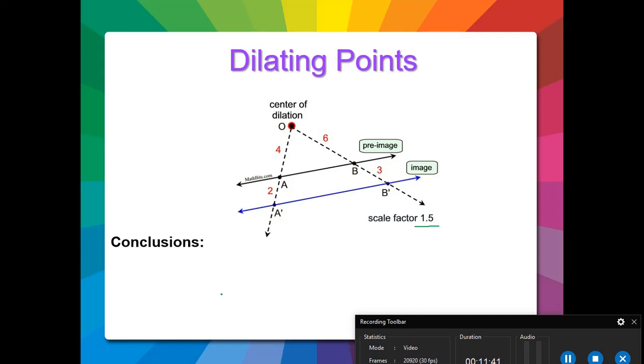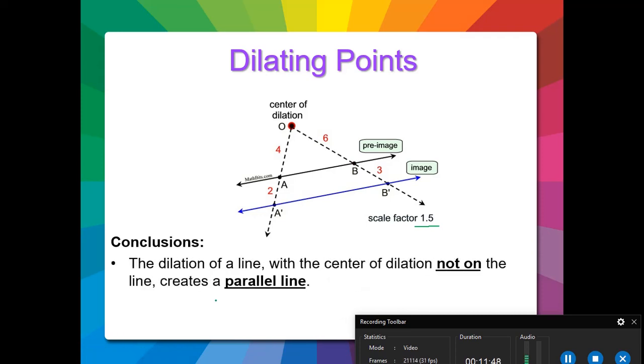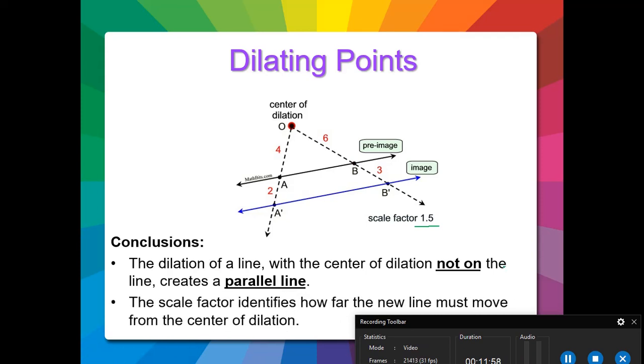Both do not contain the center of dilation. So when you dilate a line and the center of dilation does not lie on that line, you will always create a parallel line. So the scale factor will help you move the new image points, and it will show you how far it's moved from the center of dilation in relation to the pre-image.